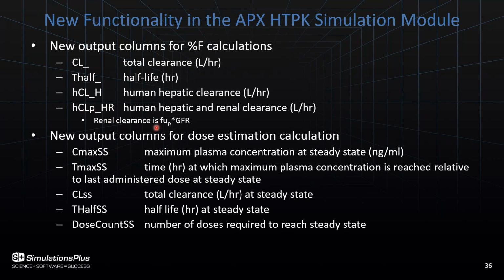Here, renal clearance is approximated by Fup times the glomerular filtration rate. And then new output columns for the dose estimate include the Cmax and Tmax at steady state, the clearance at steady state, the half-life at steady state, and the number of doses needed to reach steady state.